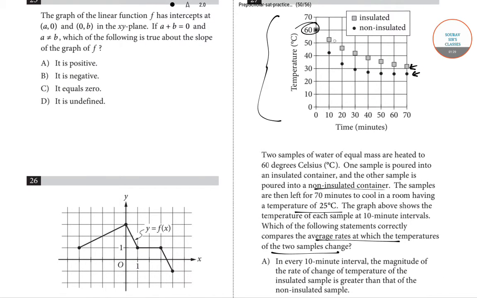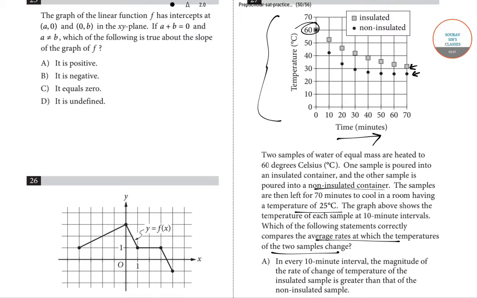So here the temperature of both insulated container and non-insulated container is 60 degrees, and here in the x-axis we have measured the time in the interval of 10 minutes. As you can see from the graph, the insulated container's temperature after 70 minutes becomes somewhere around 30 degrees, and the non-insulated one is less than 30 degrees.